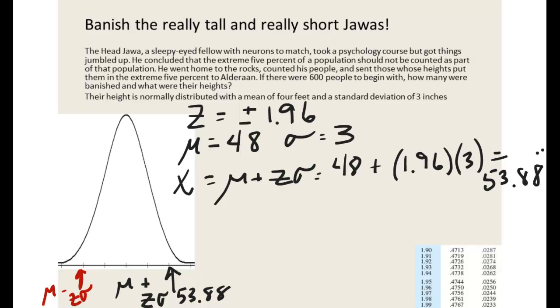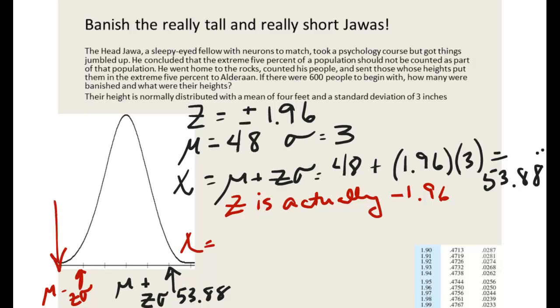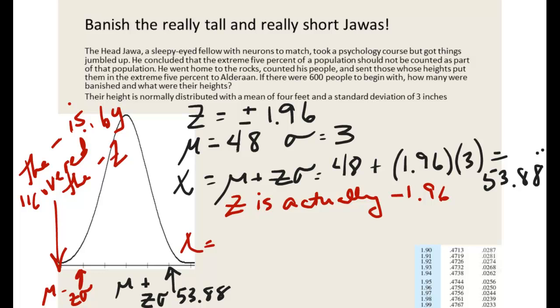If the value is below, you're going to have to subtract. And the subtraction is taken care of by using the negative z-score. Using negative 1.96 instead of positive means we end up subtracting, because a positive times a negative is a negative. So in our next calculation, we expect the value to be equidistant from the mean to the left as the 53.88 was to the right.